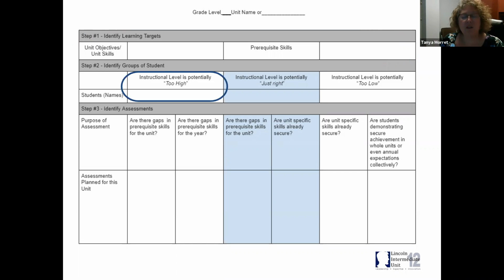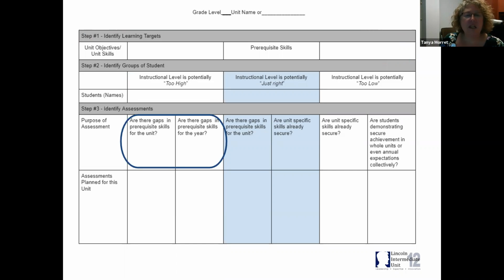So this is our group of students, and just like we did over here in the just right category, the first question we're going to ask is, are there gaps in prerequisite skills, right? Because if these kiddos have gaps, there's a good chance these kiddos also have gaps. The question is, are those gaps smaller or are they bigger, right?